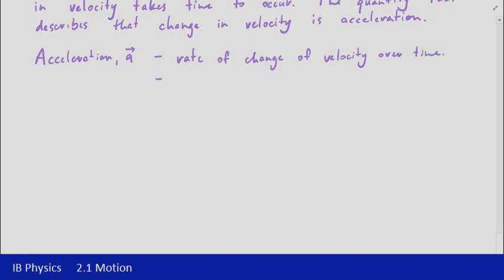As I said, it is a vector quantity, so the direction of acceleration is important, and we'll look at a few different scenarios where that occurs when we go through and do some questions. Easiest way to think of it though, if it's a positive acceleration, or sorry, positive or in the forwards direction, that basically means that the object is speeding up.